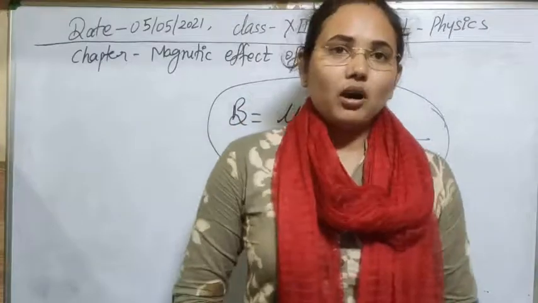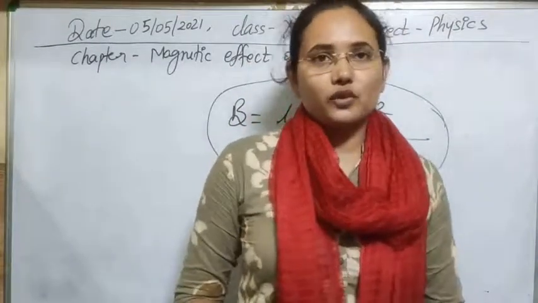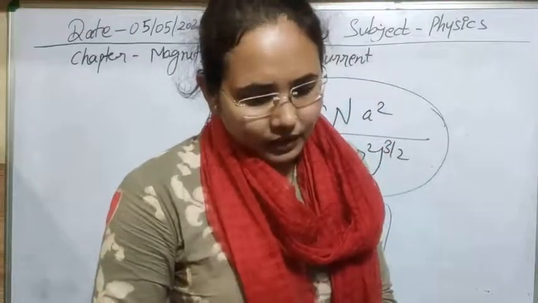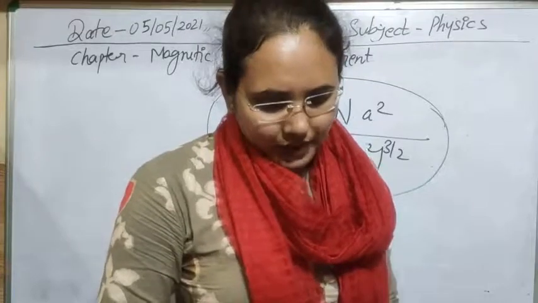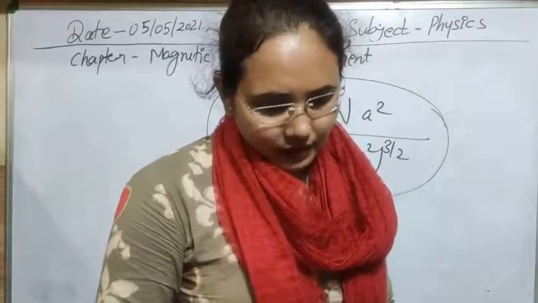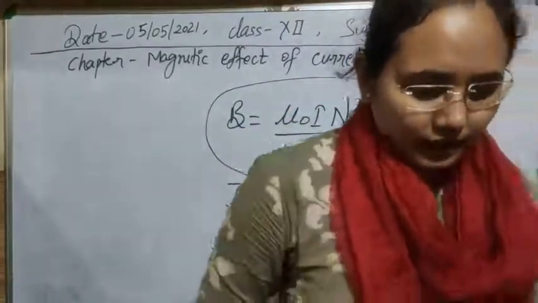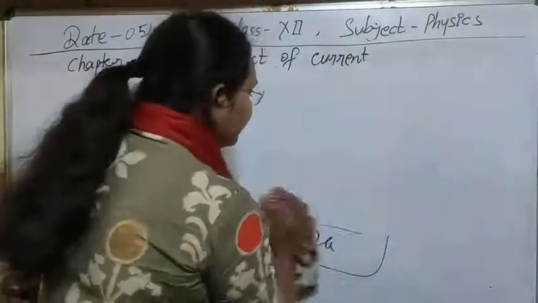Now students, let's solve some numerical problems based on these formulas that we have discussed for the circular loop. The question: the magnetic field due to a current carrying circular loop of radius 12 centimeter at its center is 0.50 into 10 power minus 4 Tesla. Let's first write the data that is given.